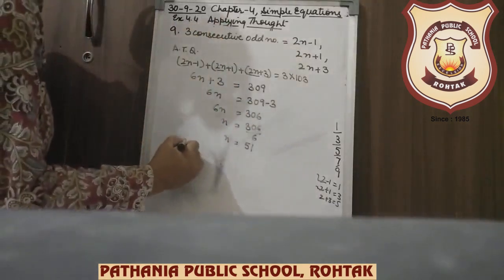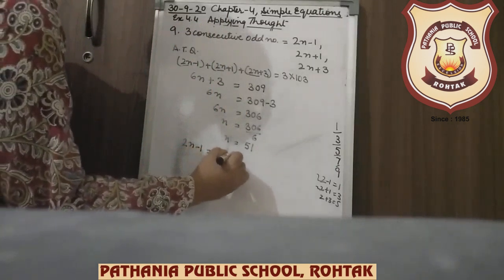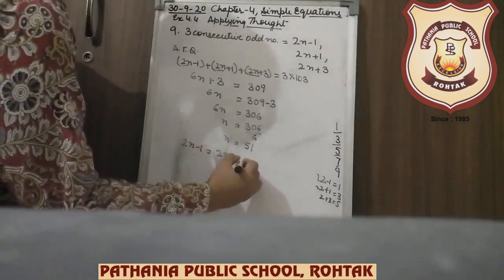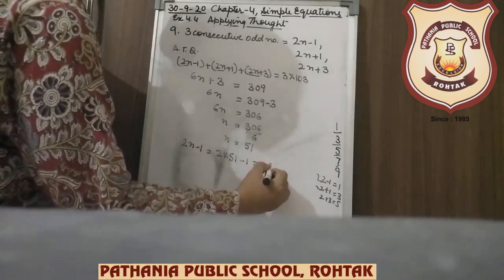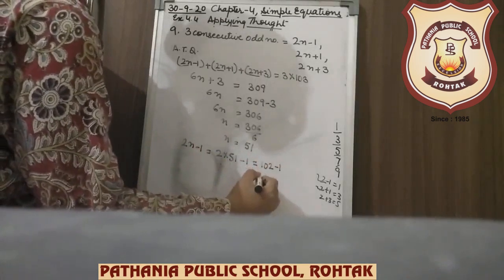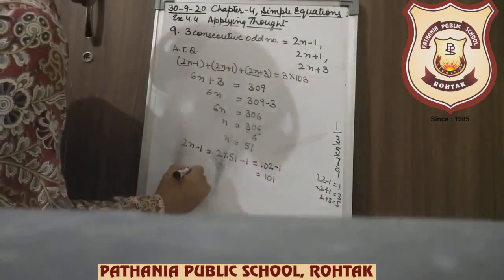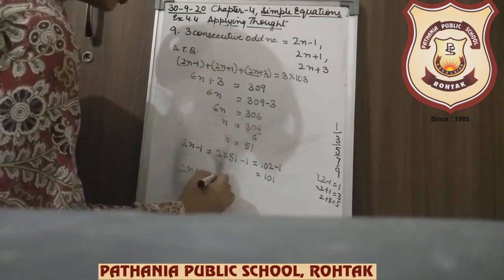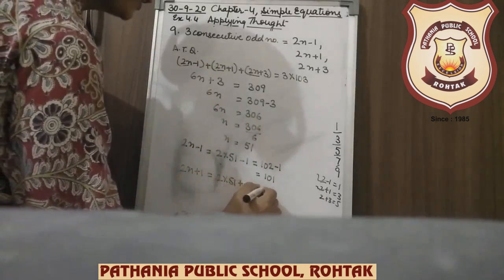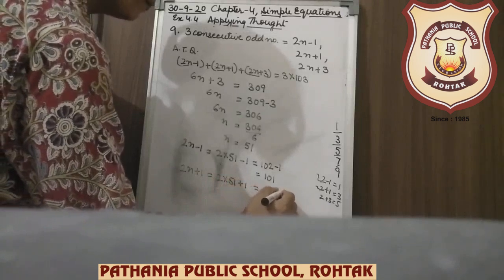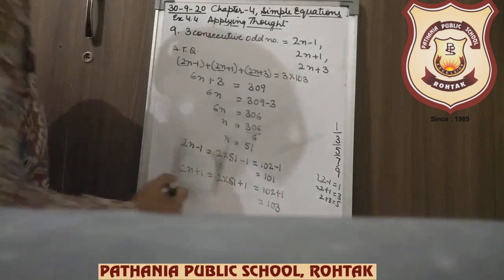Now you have to find 2n minus 1. So 2 multiplied by 51 minus 1, which is 102 minus 1, that is 101. Then 2n plus 1, which is 2 multiplied by 51 plus 1, that is 102 plus 1, which means 103.